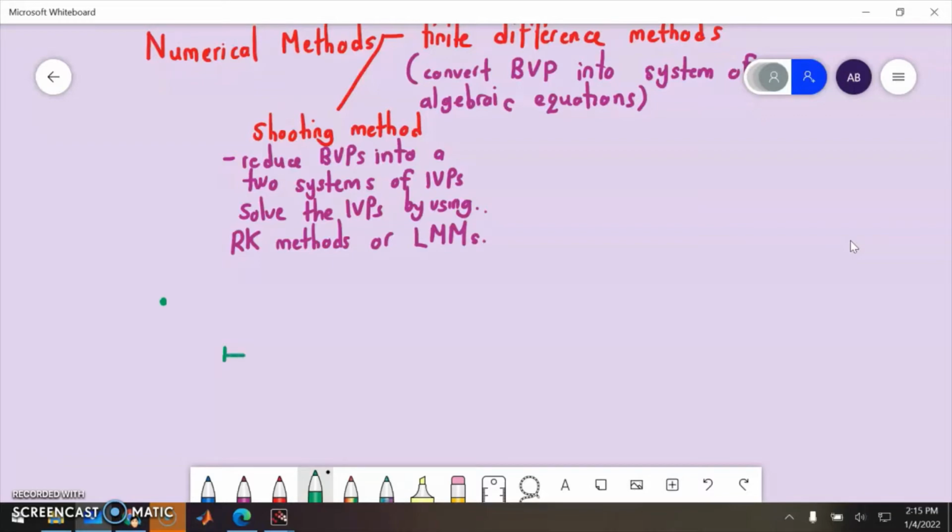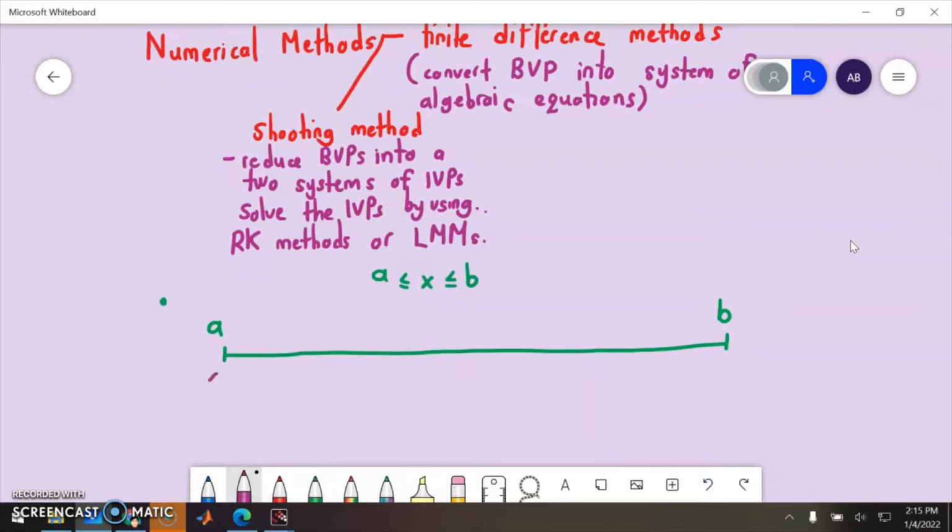Let's say this is my interval A to B, because we say that our x is given from A to B. If this is my x0, then I will have x1, x2, x3, and so on, x(i-1), x(i), and so on, up to xn and x(n+1).